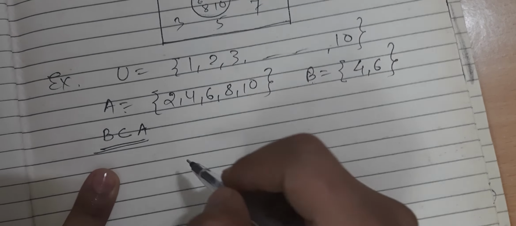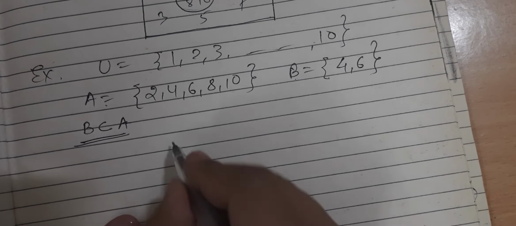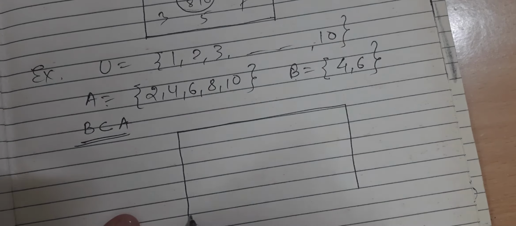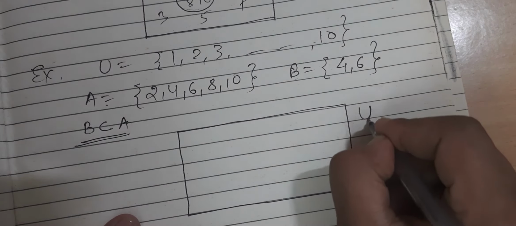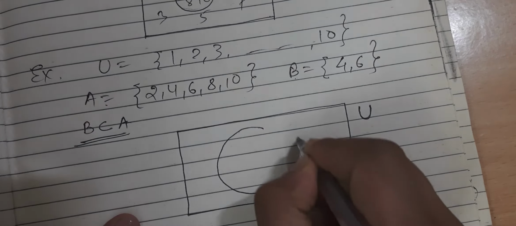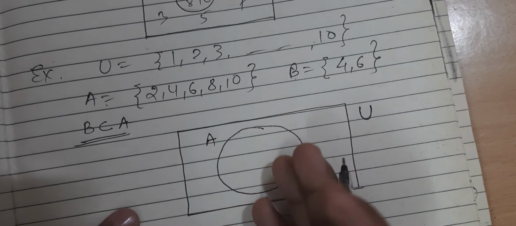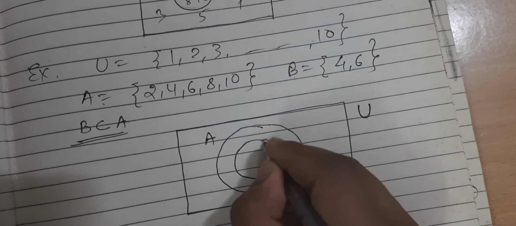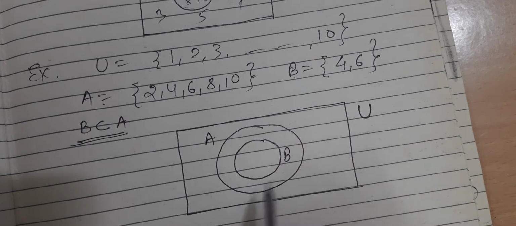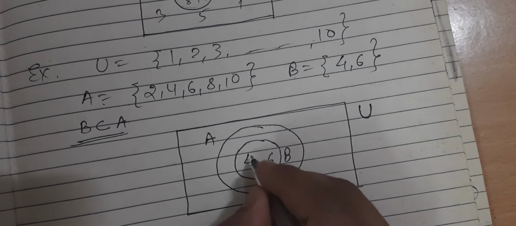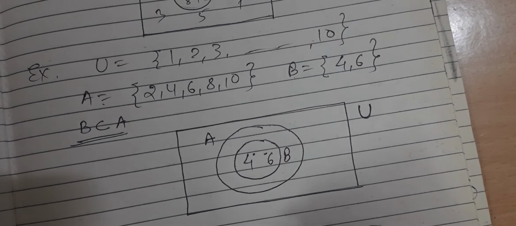Okay, now how to represent this using a Venn diagram? First we'll draw a rectangle which represents the universal set. Then we have set A, and within this set we have set B, with elements 4 and 6.